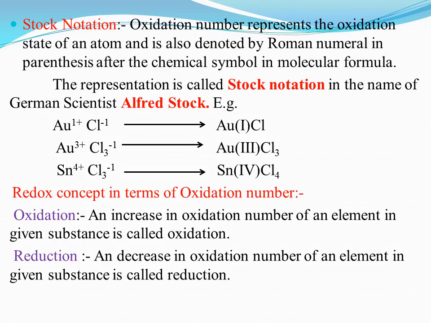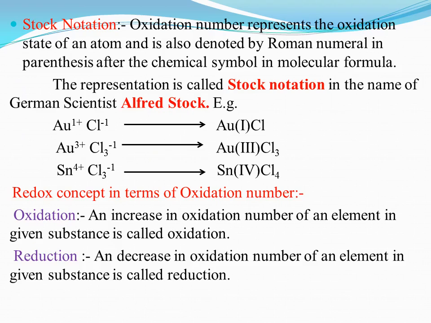Now let us learn one concept in this chapter, stock notation. Oxidation number represents the oxidation state of an atom and is also denoted by a Roman numeral in parentheses after the chemical symbol in the molecular formula. The representation is called stock notation, in the name of German scientist Alfred Stock.